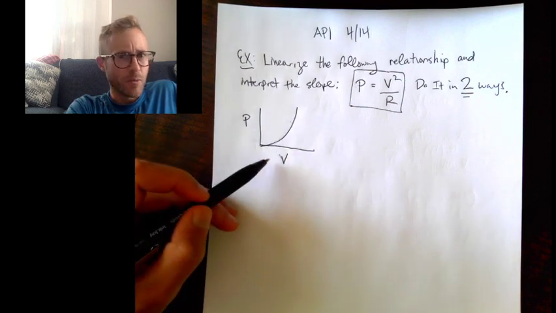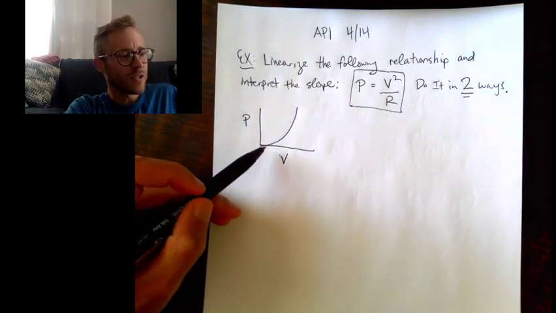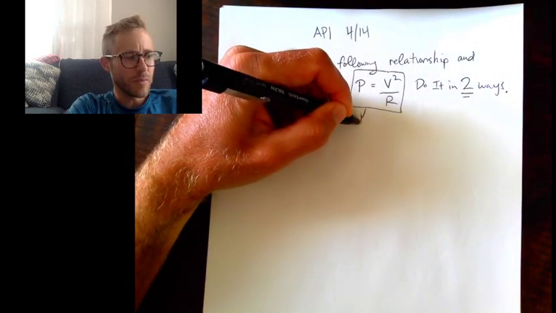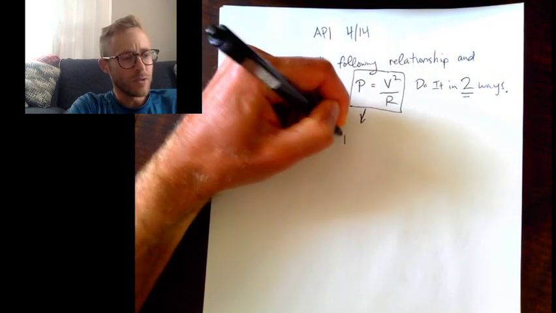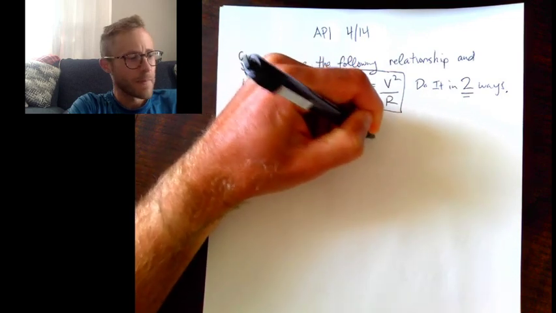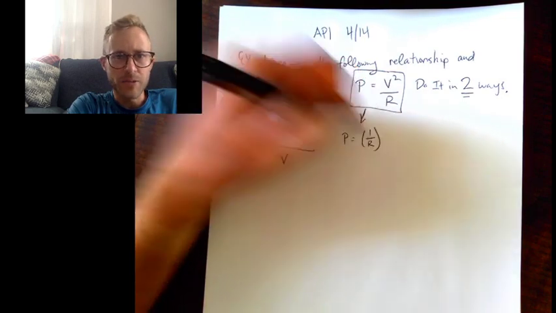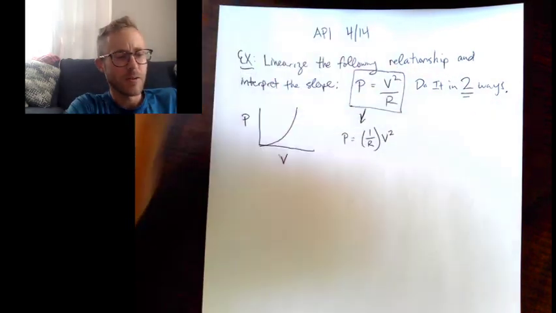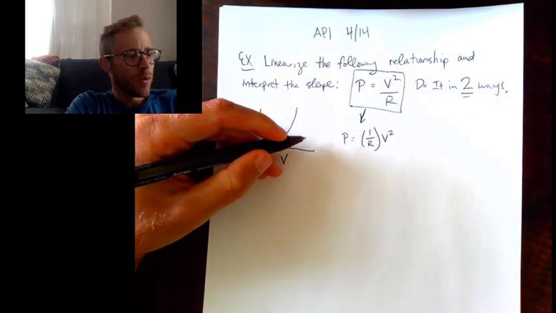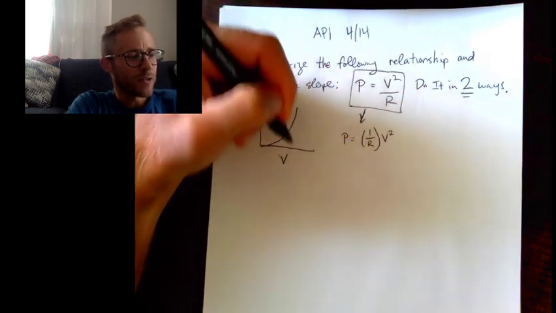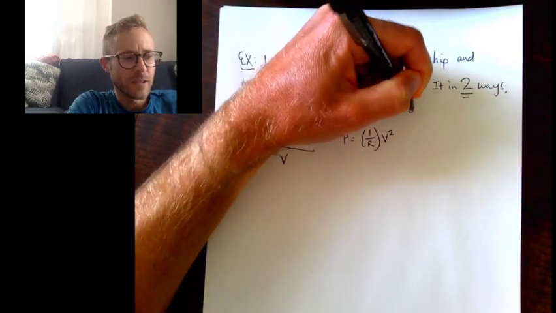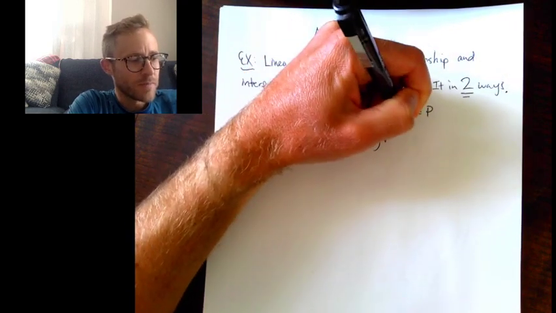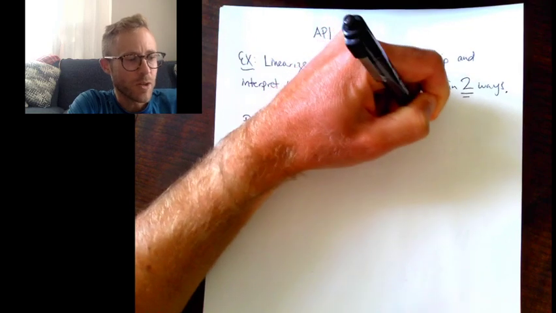Okay, so what we want to do is linearize this graph. What if I wrote the relationship as P equals 1 over R times V squared? Then what if I let Y squiggle equal power and X squiggle equal voltage squared?